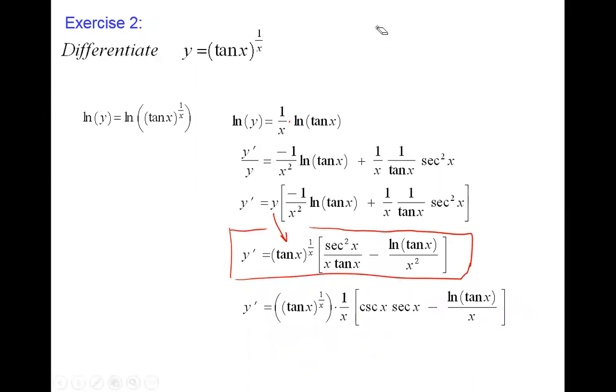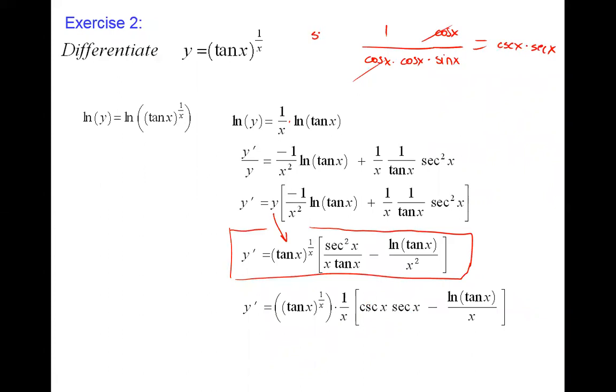Secant square, actually, it's 1 over cosine square. I can rewrite like that. And tangent is sine of x over cosine of x. You can cancel this. 1 over cosine and 1 over sine is cosecant times secant. 1 over cosine, let's say 1 over sine first, cosecant times secant of x.